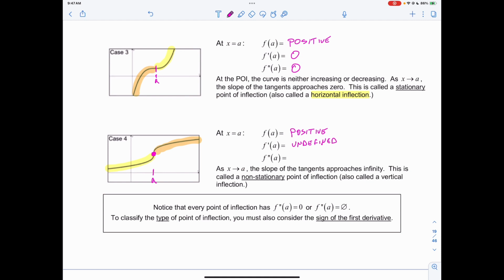When I take the derivative of f prime of a, then that means that the second derivative would also have to be undefined at that point. So if I have a point of inflection where my first derivative is undefined, then it's going to be a vertical inflection.